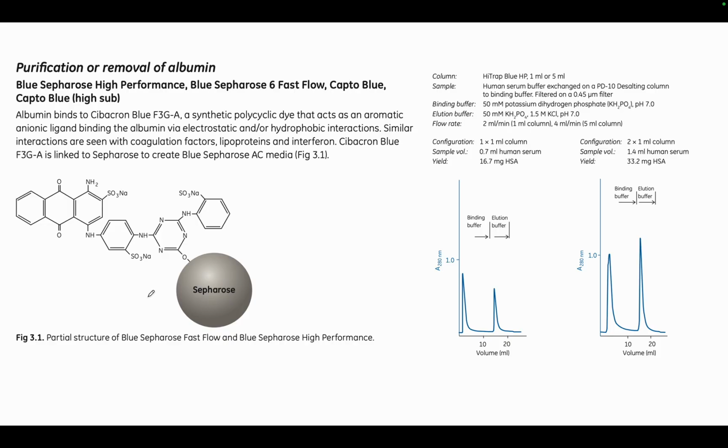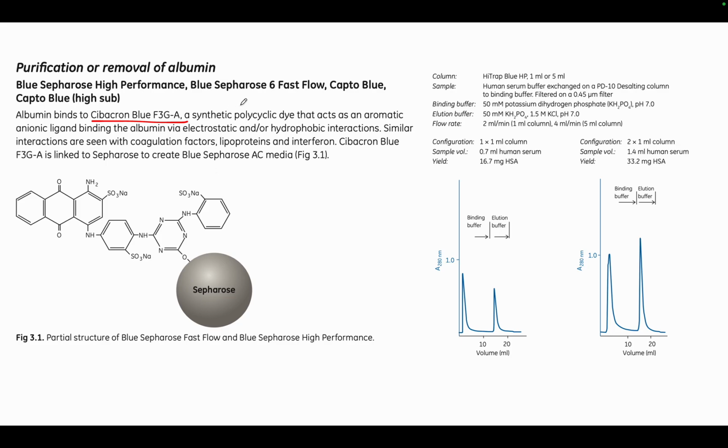Okay. So just an example of the kinds of ligands that we can put in our affinity column. So for example, this is something called a Blue Sepharose column, where we have immobilized a dye called Cibacron Blue, this thing, F3GA. Okay? This actually binds to albumin.